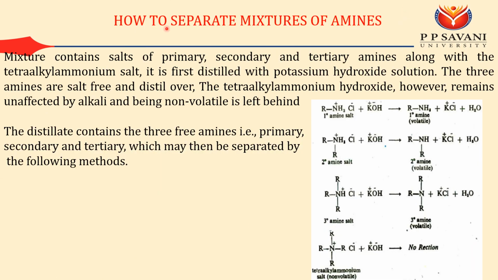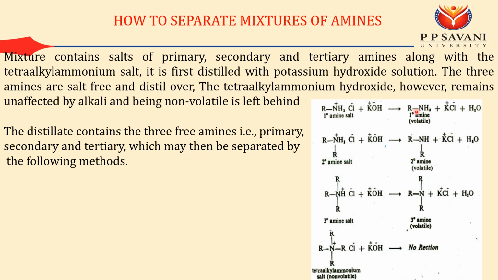So how do we separate a mixture of amines? In some of the syntheses we have already seen, sometimes you will get a mixture of amines, and separating them is very easy. Generally, you have a mixture of salts of primary, secondary and tertiary amines along with the tetra-alkyl salts. These are all salts and they are acidic, so you have to do a reaction with KOH.